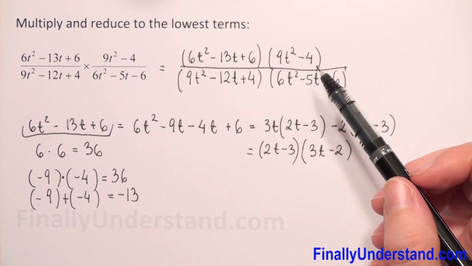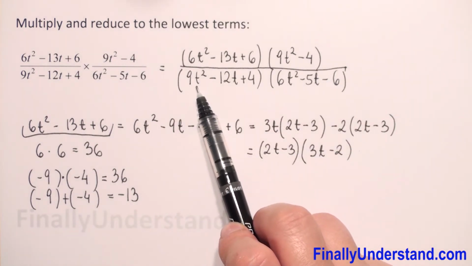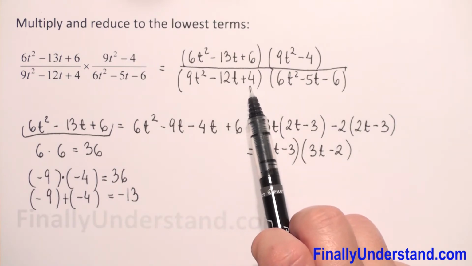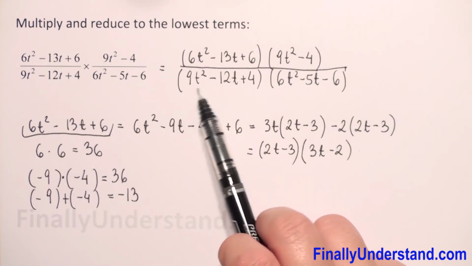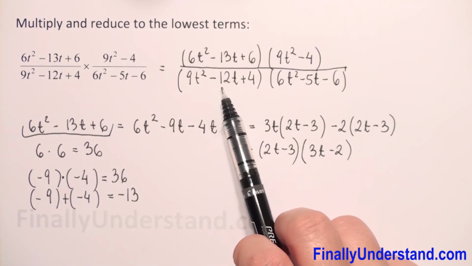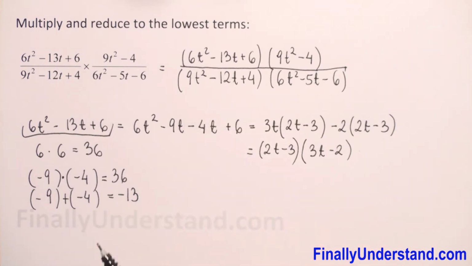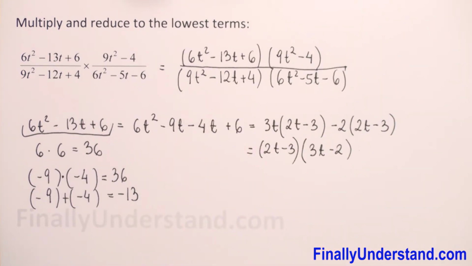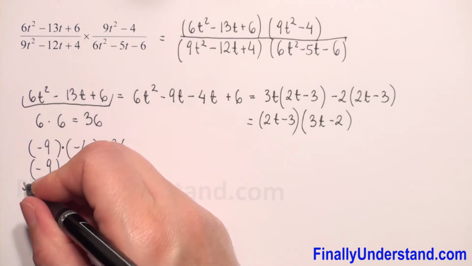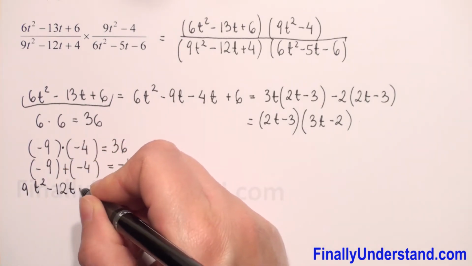Next, what do we have? We have in the numerator 9t squared minus 12t plus 4. So again we have a general quadratic trinomial, and we will try by using the grouping method to factorize it. So let me copy this. We have 9t squared minus 12t plus 4.